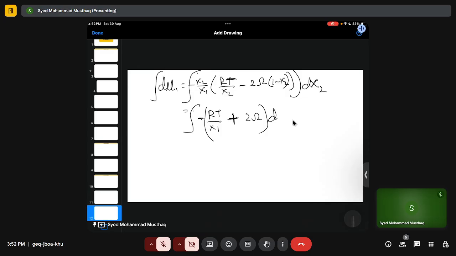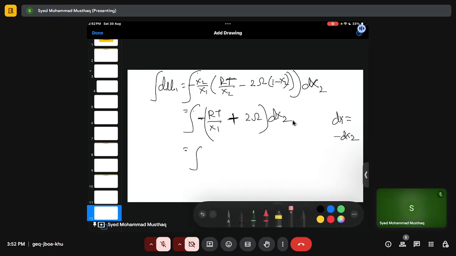So we know dx1 equals minus dx2. Let's write it in terms of that. There are no brackets because we have multiplied with minus, right? So I have to put brackets.